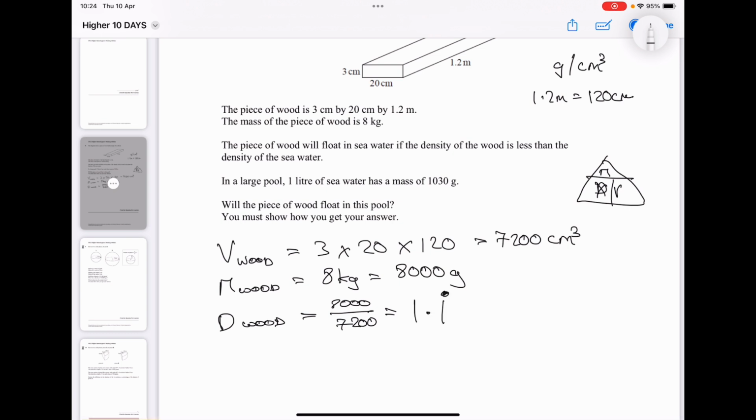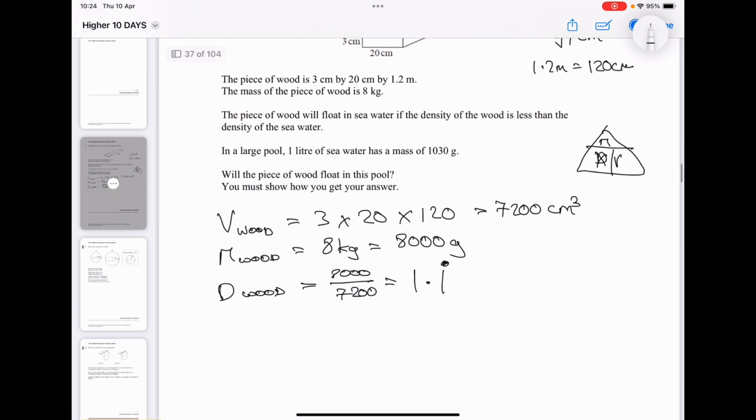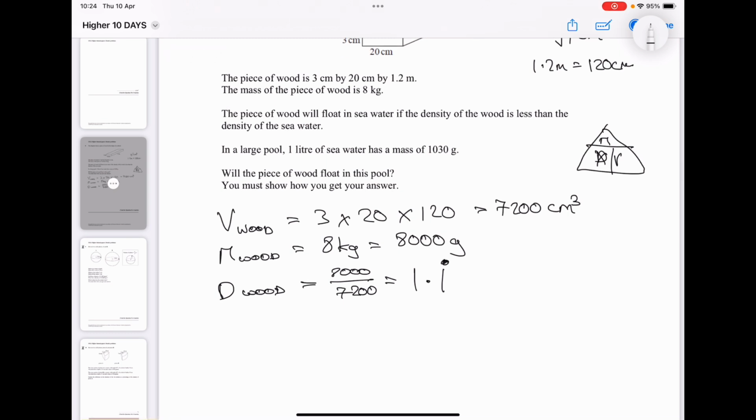Okay. Now, in a large pool, 1 litre of seawater has a mass of 1,030 grams. So let's do the volume of the seawater is 1 litre, which equals 1,000 millilitres, which is actually 1,000 centimetres cubed. That's a nice conversion from millilitres to centimetres cubed.